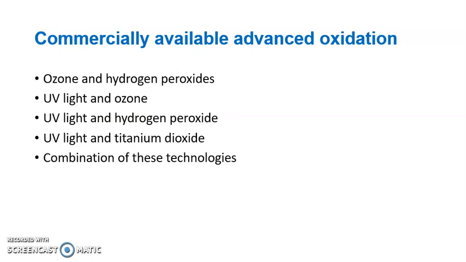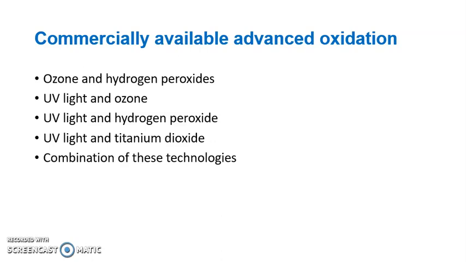We have several commercially available advanced oxidation processes. We can apply the combination of ozone and hydrogen peroxide, purging the ozone and applying the hydrogen peroxide. We can have injection of ozone and irradiation of water with UV light.